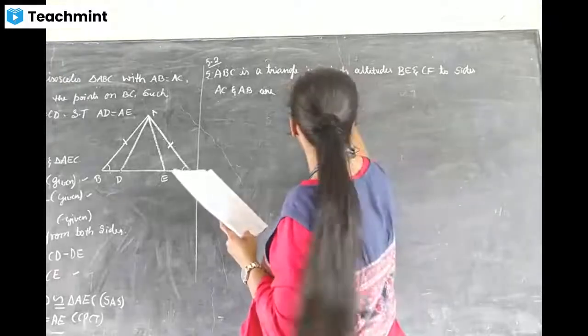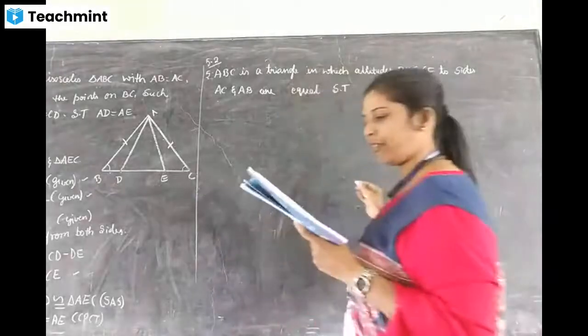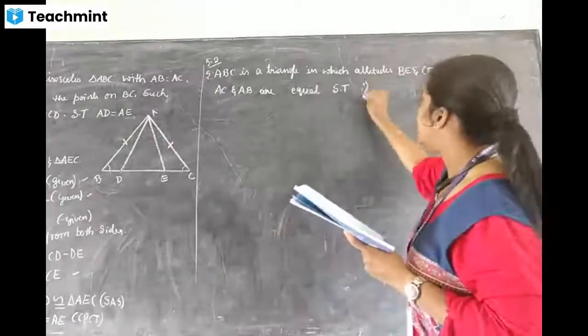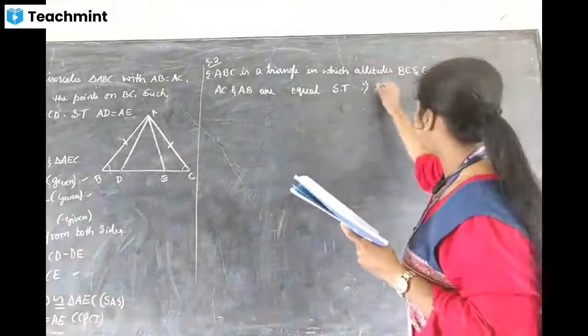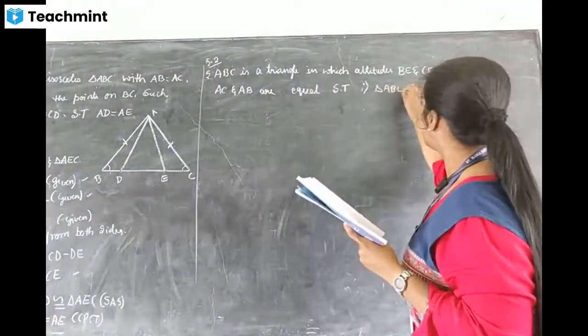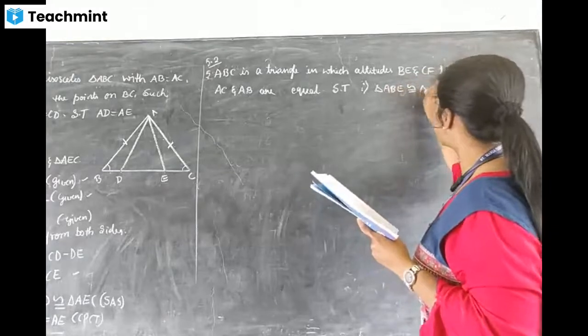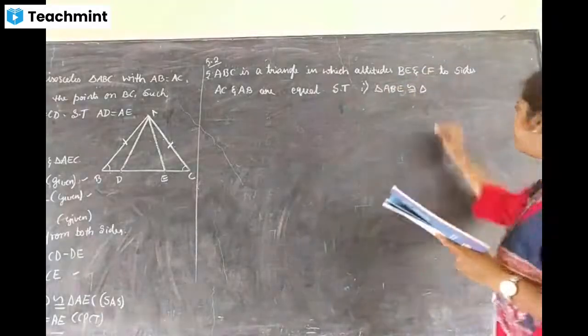Show that first one, triangle ABE is congruent to triangle ACF.